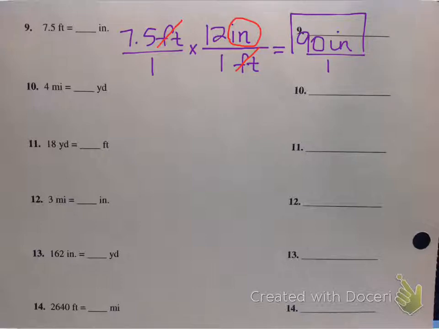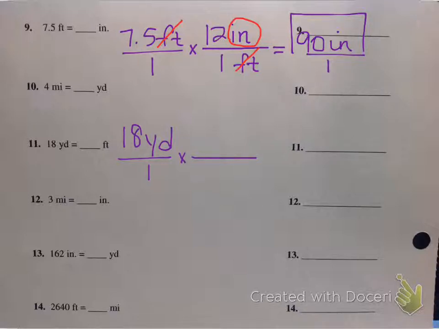Let's do another one. How about 18 yards is how many feet? So again, I like to start with my 18 yards. I start with what I'm given, and I put it over 1. Do we have a conversion factor that relates yards and feet? Yes, we do.